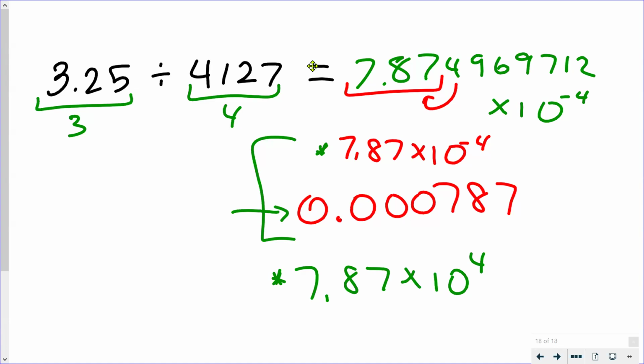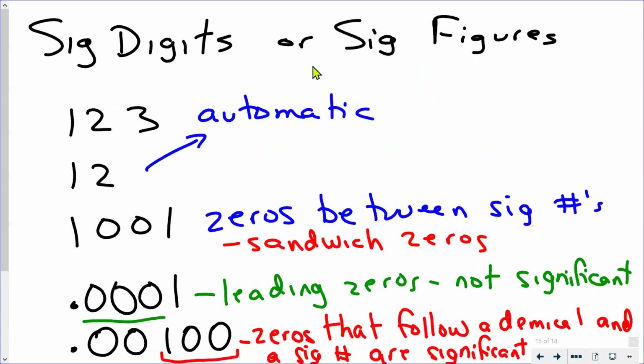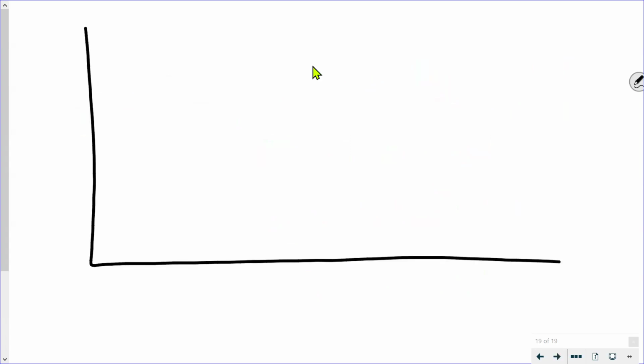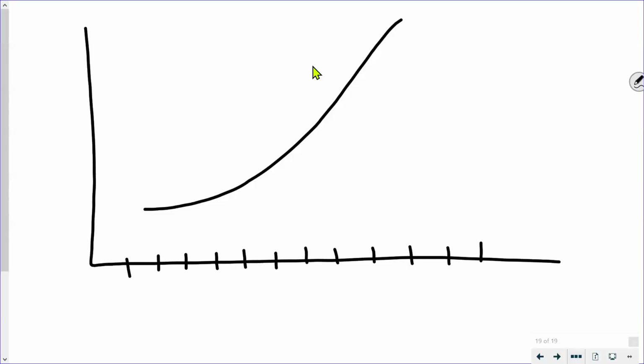So that was it. Let's see, what's the next thing? I'll do solubility charts first. 30, 50, 70, 90, 110.